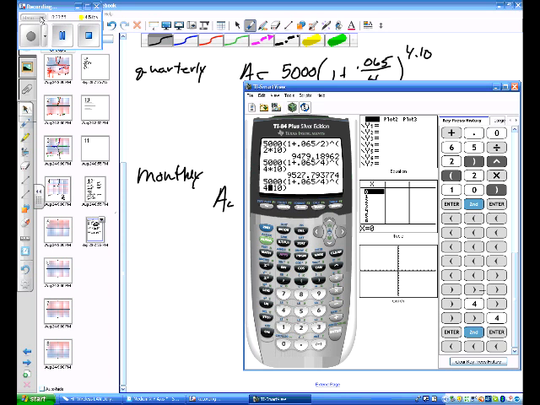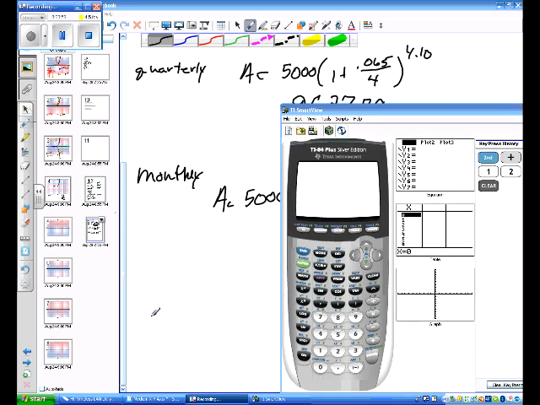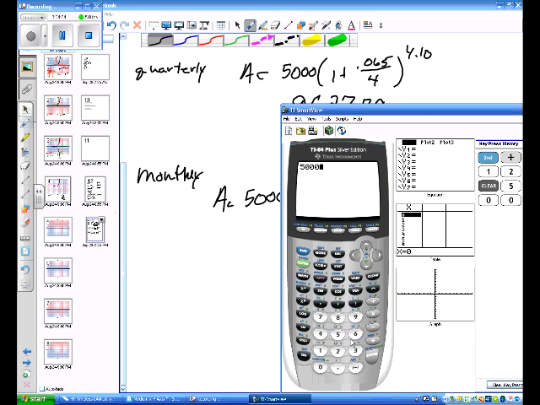And it appears that we've frozen. So let's just, okay, we're going to put in our 5,000. We kind of had to start over since our calculator froze up. Then 1 plus 0.065 divided by 12, since there's 12 months in the year. Close the parentheses, raise to.